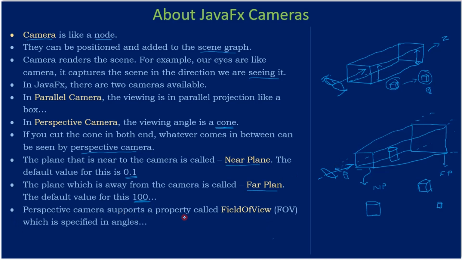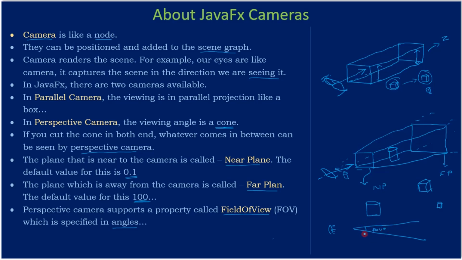Perspective camera supports a property called field of view, which is usually specified in angle. Let's state that this is your viewing eye or camera, and we call this as a field of view, and it is measured in terms of angle.